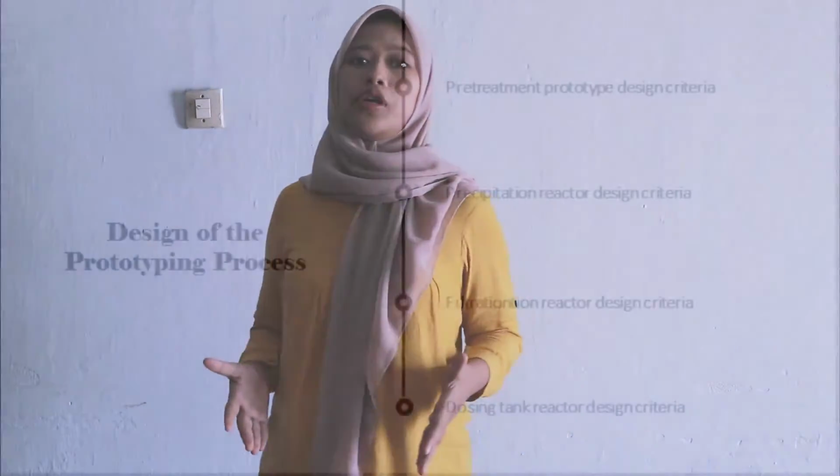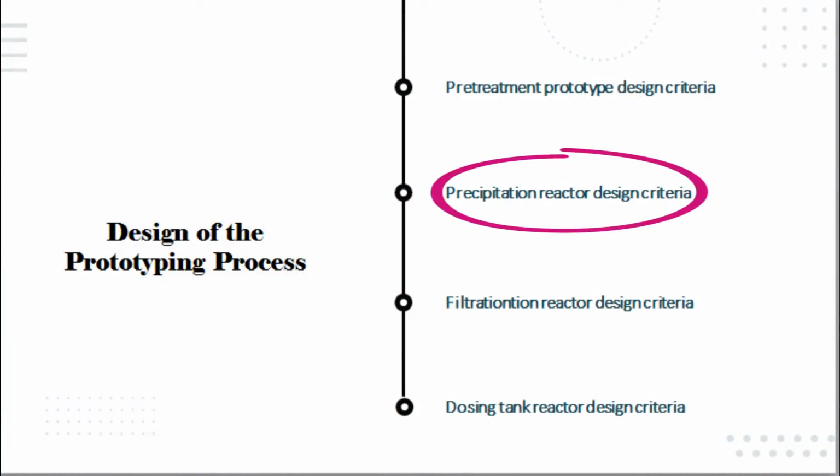After determining the pump requirement, the next step is to determine the prototype design criteria. The design is based on the discharge determined by the researcher, which is 10% of the waste discharge generated by the laundry unit. The next step is to determine the design criteria for the precipitation reactor.